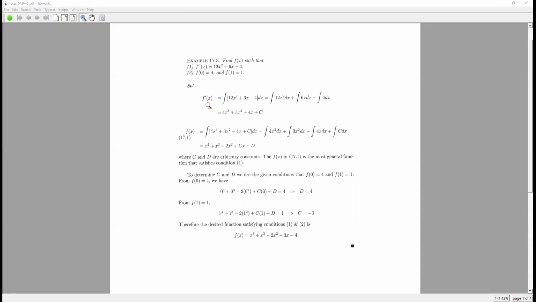To recover function f from this equation, the derivative is this polynomial. So function f is the indefinite integral of this polynomial.